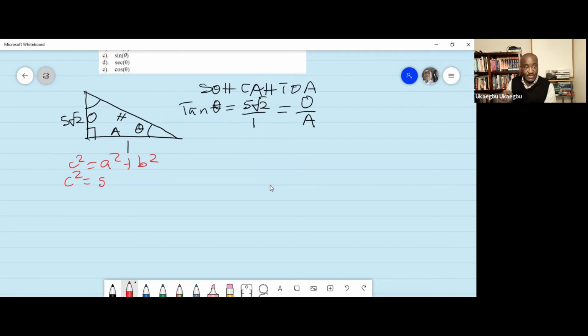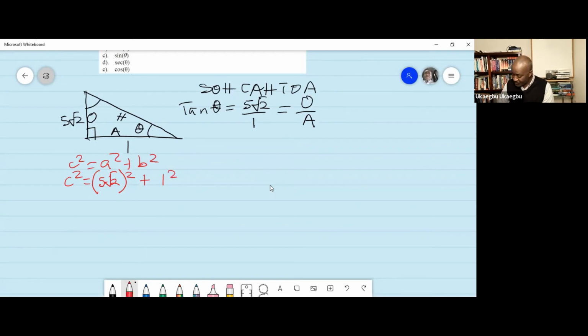This is where many of you made mistakes, those who attempted this number. So pay attention to what I'm going to do here. It should be the whole thing, 5 square root of 2, raised to power 2, plus 1 raised to power 2. This is where most of you make mistakes.